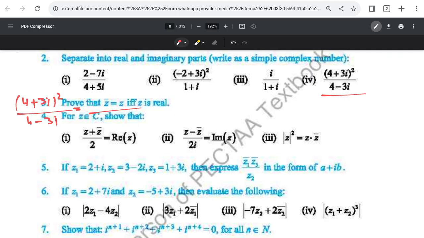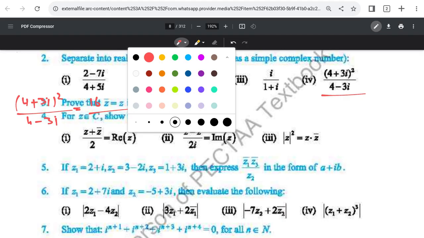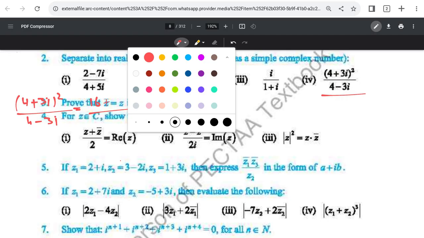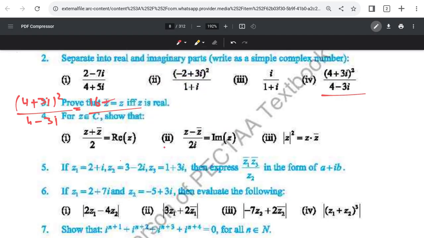When we expand it, it will be 16 plus 24i plus 9i².